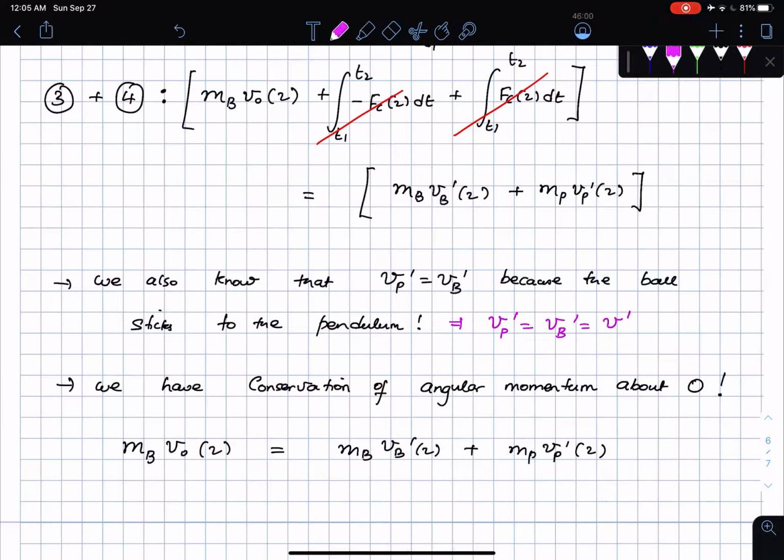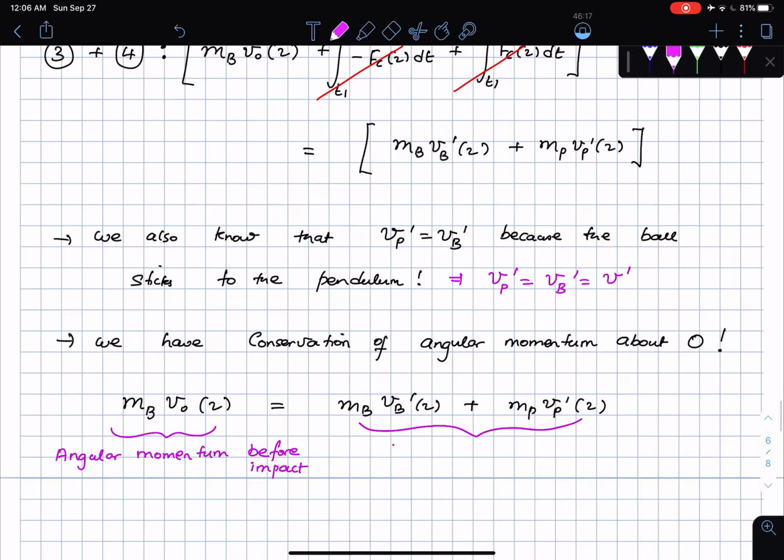If I just rewrite this statement, this is angular momentum before impact, and this entire thing is angular momentum after impact for the system.